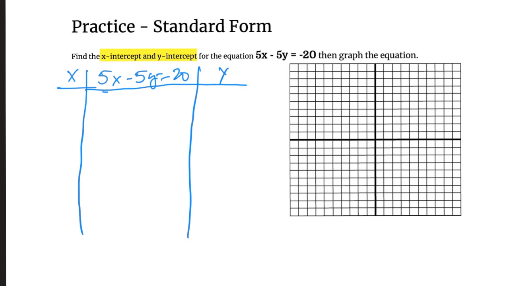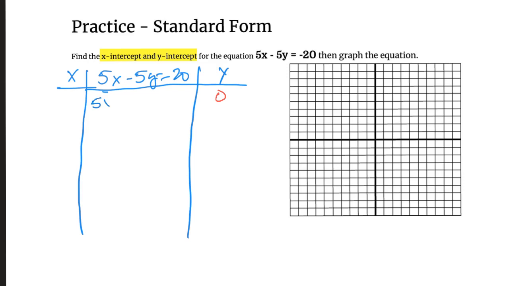Okay, so the first thing we want to know is our x-intercept. Well, we just discussed that any point on the x-axis is going to have a y value of 0. So let's go ahead and plug 0 in for y.